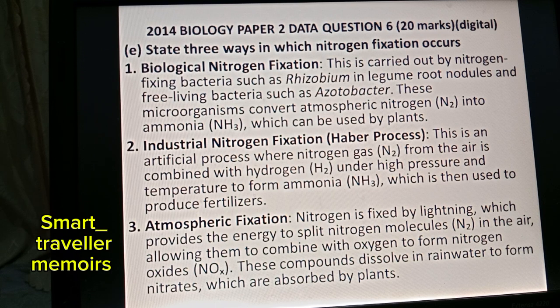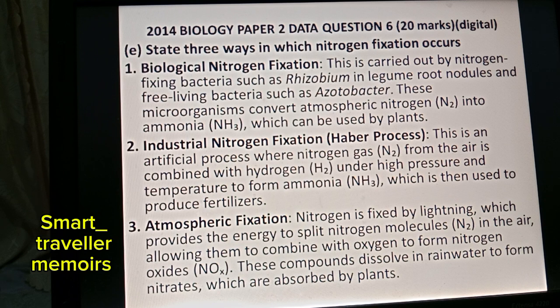These microorganisms convert atmospheric nitrogen into ammonia, which can be used by plants. The industrial Haber process is an artificial process where nitrogen gas from the air is combined with hydrogen at high pressure and temperature to form ammonia, which is then used to produce fertilizers. So that is the way we produce fertilizers.